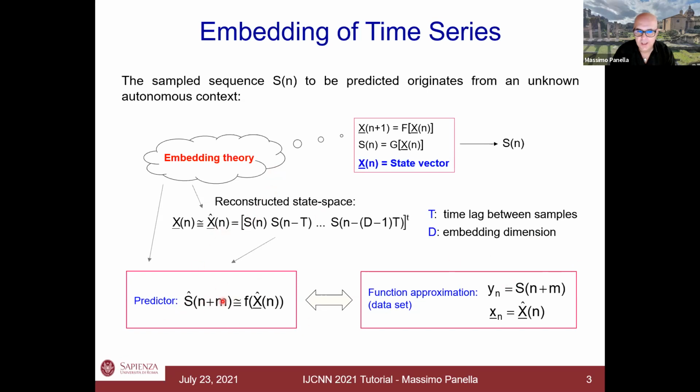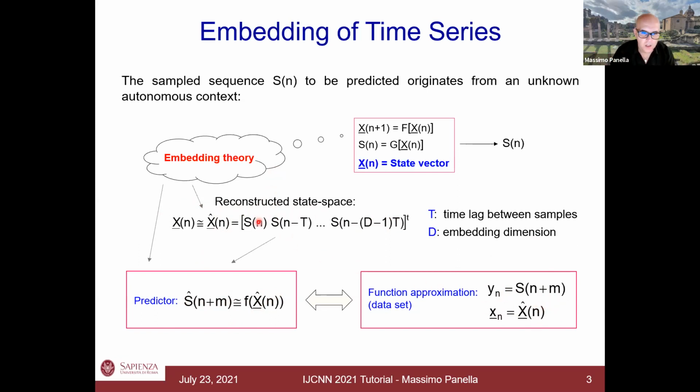So in this case, we have a prediction based on this nonlinear function, the state estimated based on embedding, and a data set based on a number of pairs of input and output.